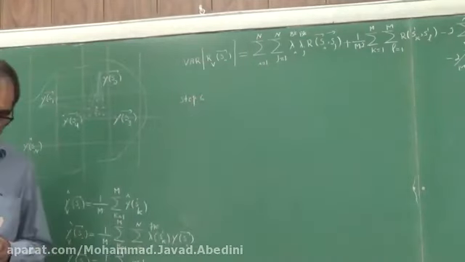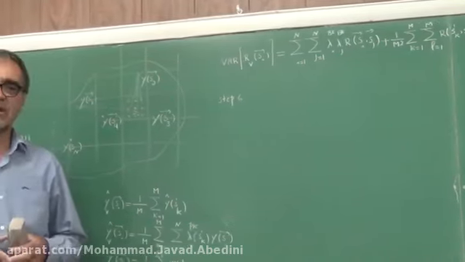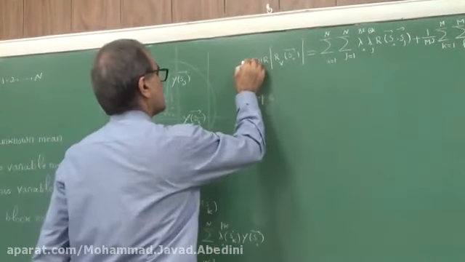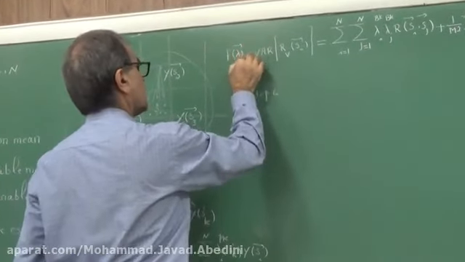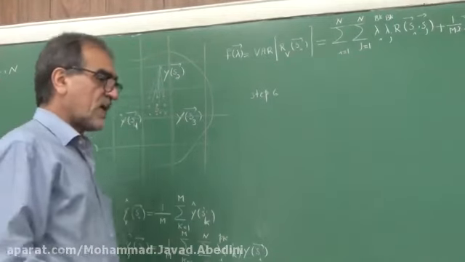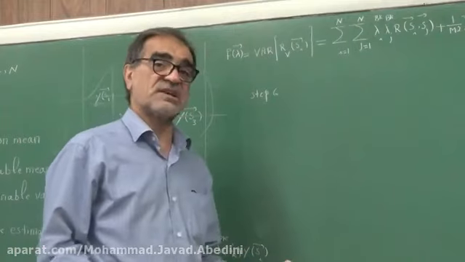In step 6, I have to cast my objective function. If you call this f sub lambda, then in step 6, your final objective function has to be unconstrained.